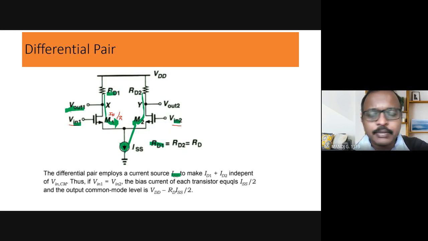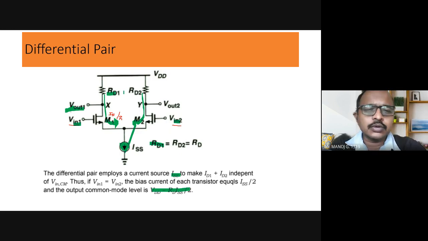If I make my RD1 equal to RD2, then it becomes RD. So the total output voltage Vout is given as VDD minus ISS by 2 into RD. Okay, so this is how you get the expression for this Vout.